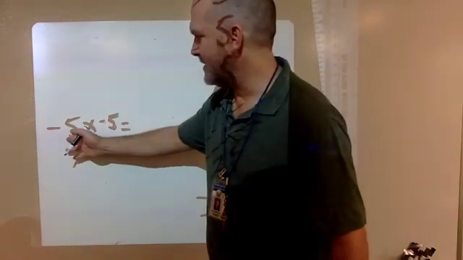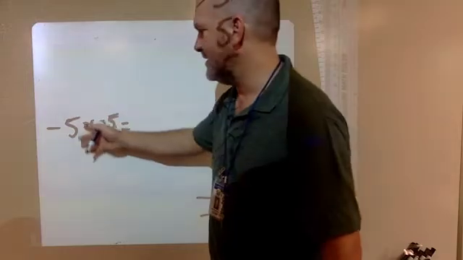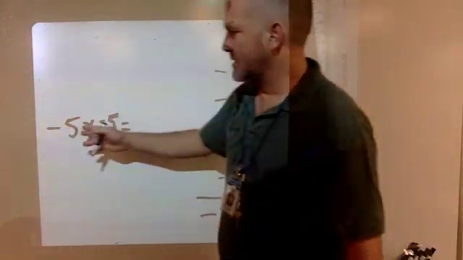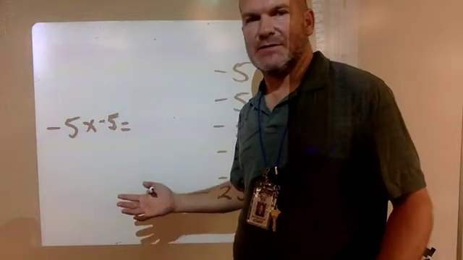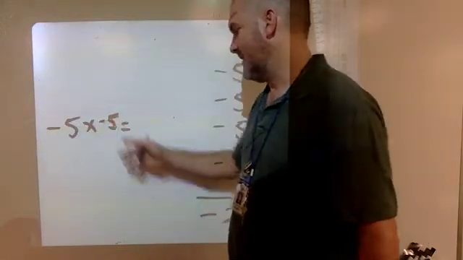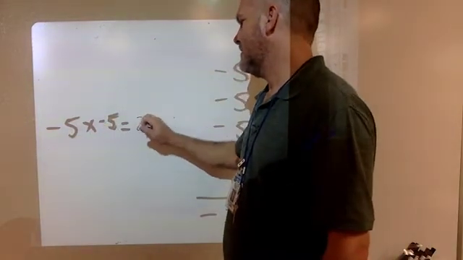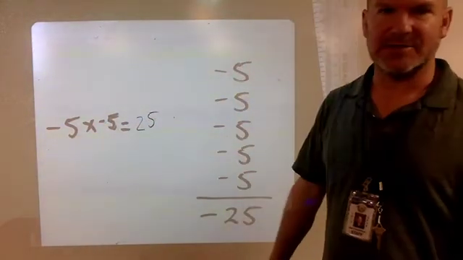Just remember that if it's negative 5 times a positive, that's adding this negative 5 times. So the negative's got to be the opposite of the positive. If negative 5 times a positive 5 was negative 25, then negative 5 times a negative 5 is the opposite. It's a positive 25.